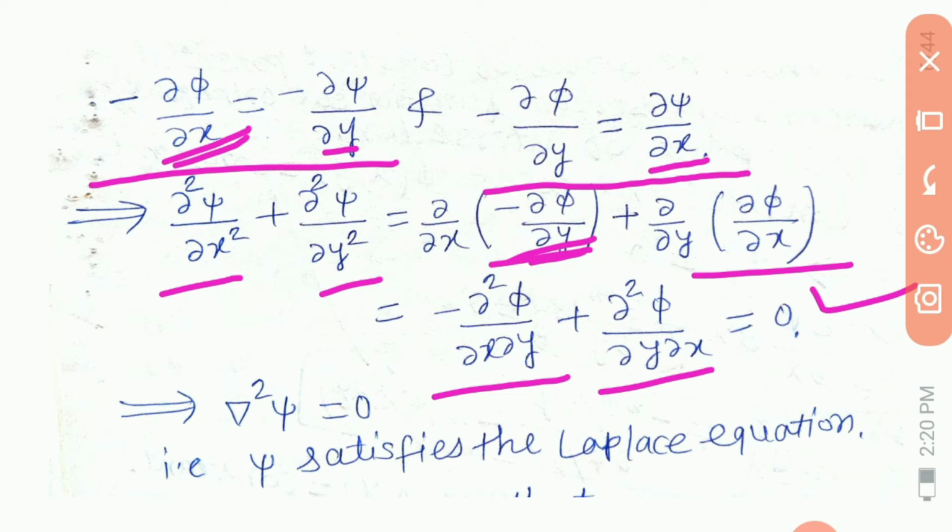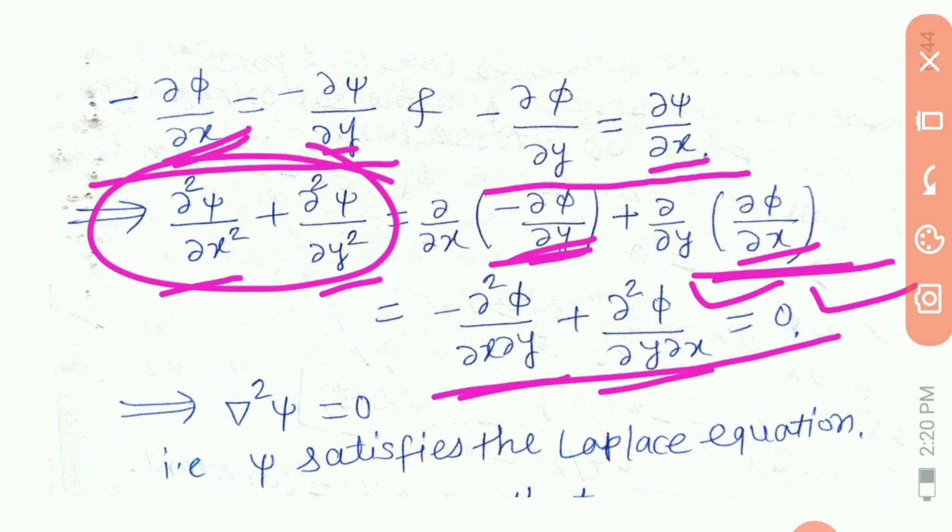So we take here ∂φ/∂x, and then we differentiate partially with respect to x and y, and then we get this, and therefore this will be 0, and that means this satisfies the Laplace equation. So del square psi is equal to 0, and therefore psi satisfies the Laplace equation.